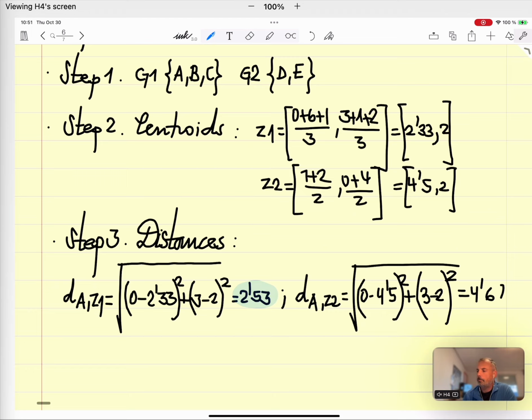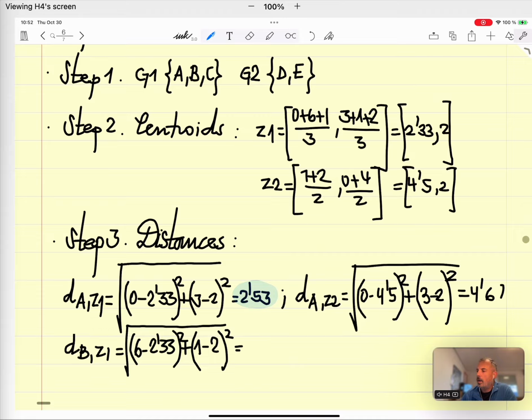Okay, let's do the rest of the points. Point B to Z1 has the following coordinates: 6 minus 2.33 squared plus 1 minus 2 squared. This is 3.8.